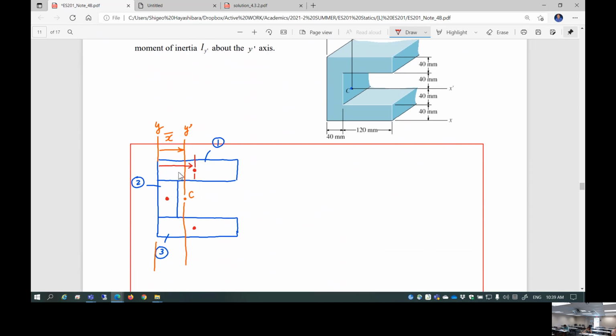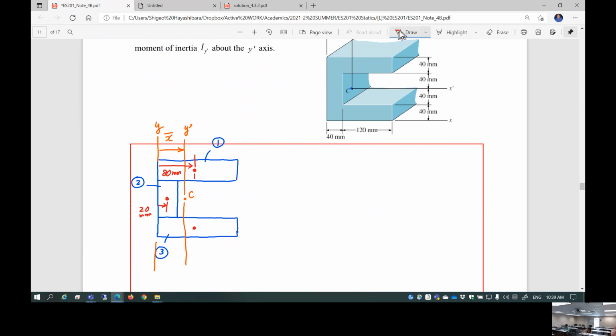It would be 80 millimeters. Yeah, 120 plus 40 is 160, divided by 2, 80. That's correct. 80 millimeters to the local centroid of part 1 and also part 3. And also this, what's that? 20 millimeters. That's right, half of the thickness. So those 3 are the local centroid locations.